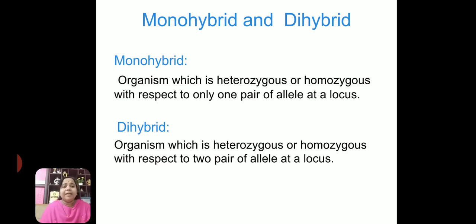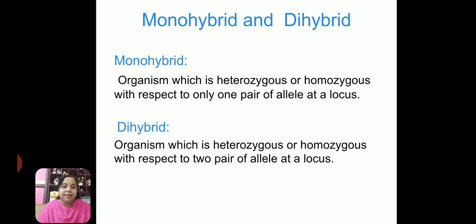Then, what is dihybrid? It is an organism that is either heterozygous or homozygous, but here we consider two pairs of alleles. In monohybrid, we study a gene at a locus where there is only one pair.